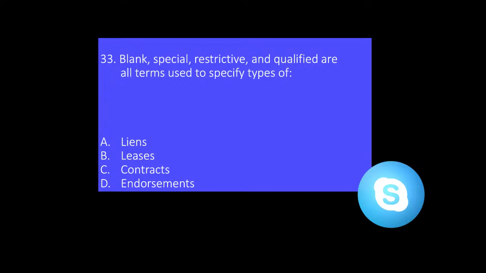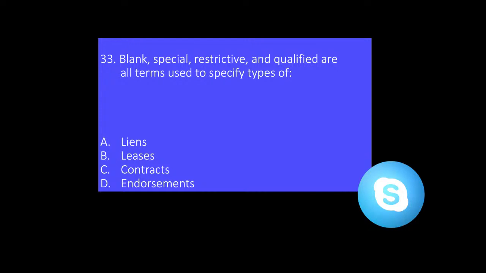Blank, special, restrictive, and qualified are all terms used to specify types of blank. Cannot be lien. Okay, so lien is eliminated.